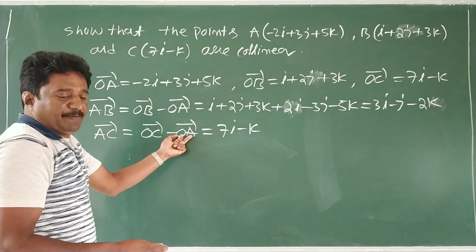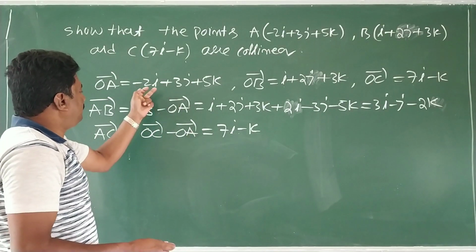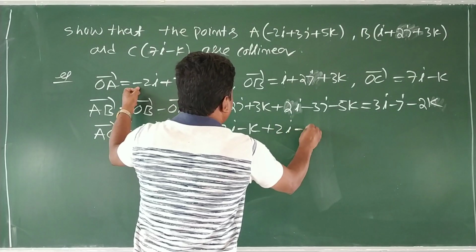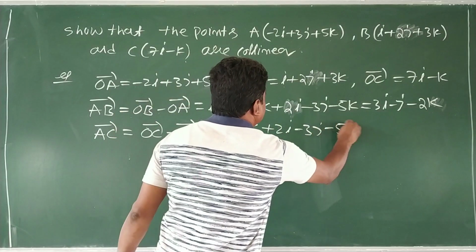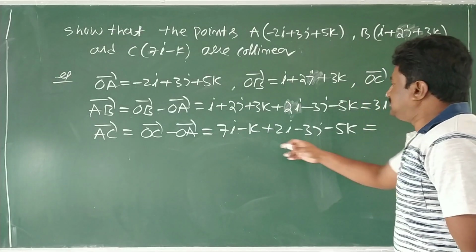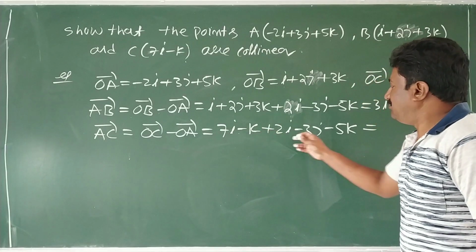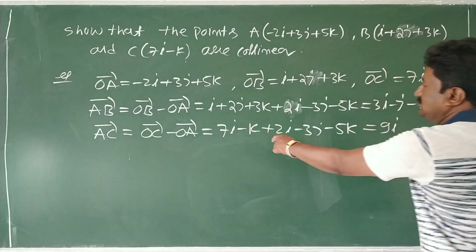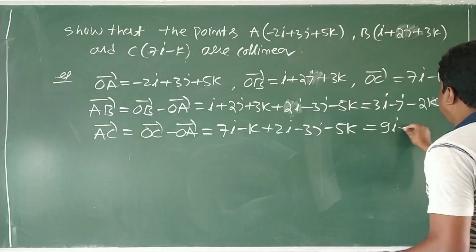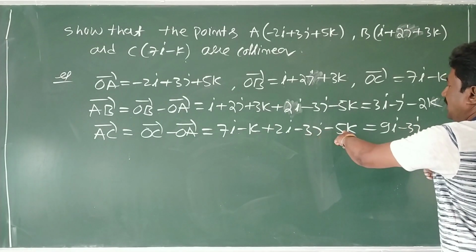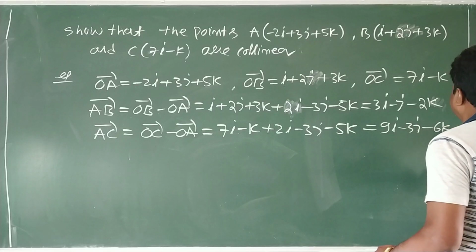Multiply OA by minus: plus 2i, minus 3j, minus 5k. Simplify: 7i plus 2i is 9i, 0j minus 3j is minus 3j, minus k minus 5k is minus 6k.